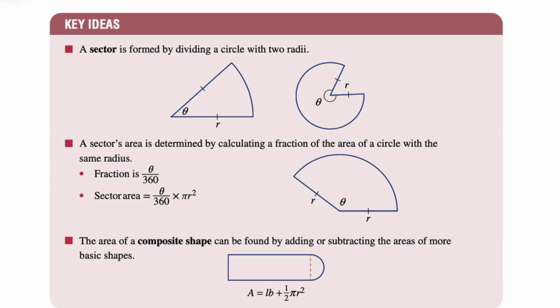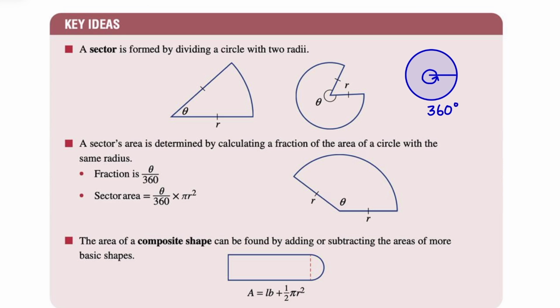Now, if I want to find the area of this sector, notice that if I were to travel all the way around, so if I were to complete, let's just say here, I've got my circle, and go all the way around back to the start, that would be an angle of revolution, which is 360 degrees.